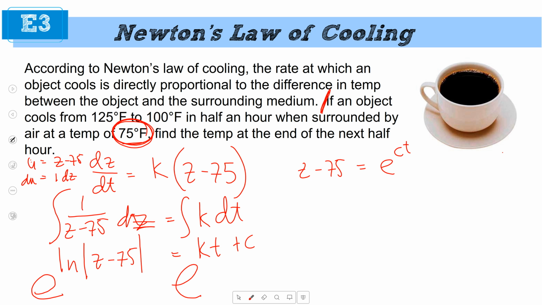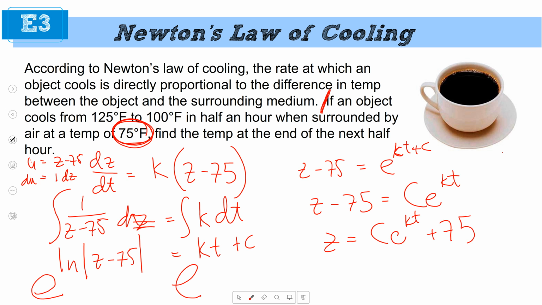This is a plus C. So then this would be K plus C. We do the whole spiel again. C e to the kt for reasons we already discussed. So z is equal to C e to the kt plus 75. That's my final equation.